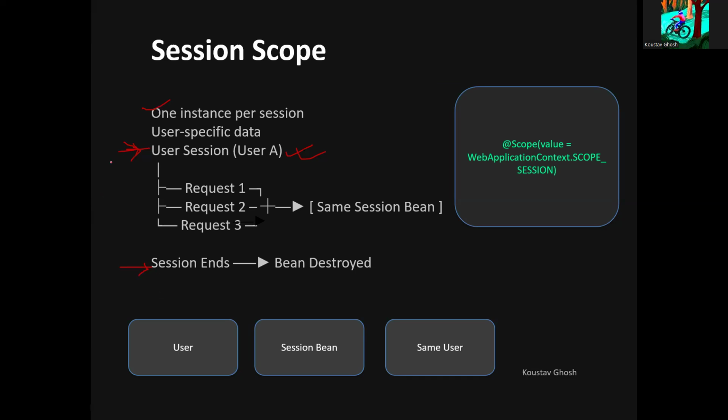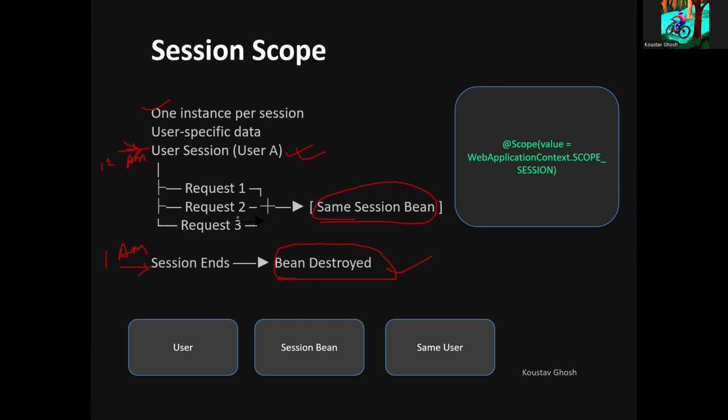Suppose this session started at 12 a.m. and will last up to 1 a.m. So in this 1 hour session, whenever user A makes a first request, second request, third request, the same session bean will be shared. And after 1 a.m., when the session ends, the bean will be destroyed.